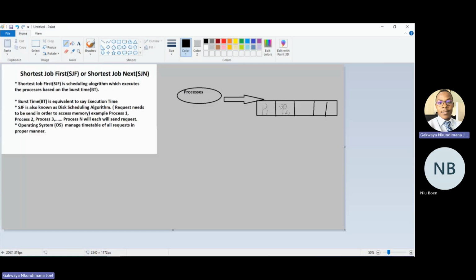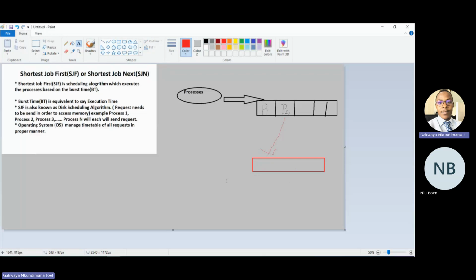When they are here, a process can come from there, and this process is going to go to the running state. You can put here the running state.